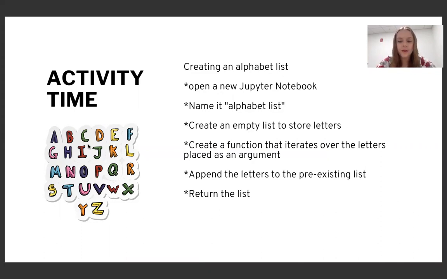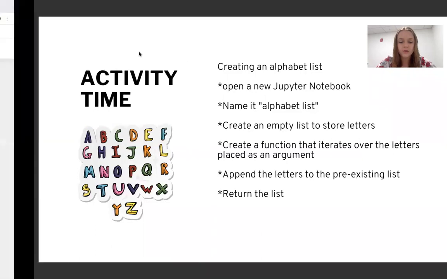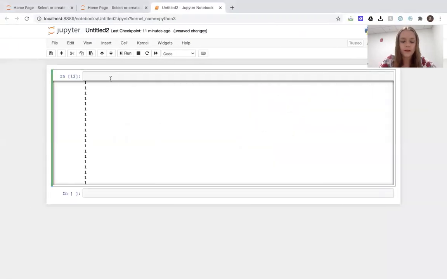So let me show you. I want to create a function where whatever letters I type here are stored in a list. That's the format we want, so that as you type things into this function, it's going to add more and more letters.